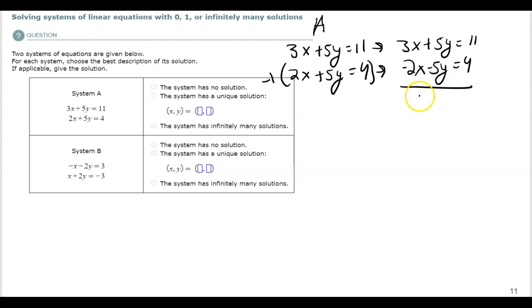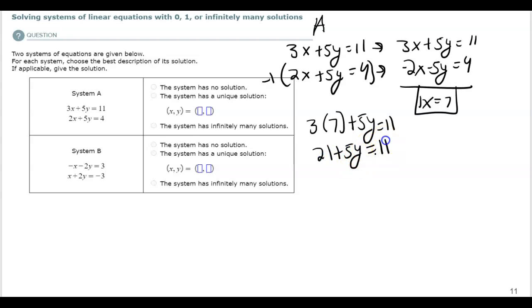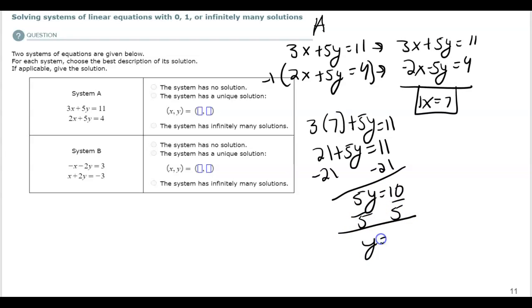Then I add down, I get 1x equals 7. That was easy enough, beautiful. And then I can just plug that in for an x and solve for y. So I get 5, 2.